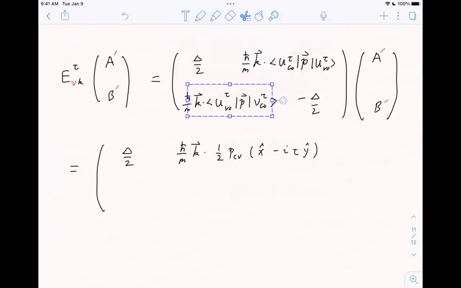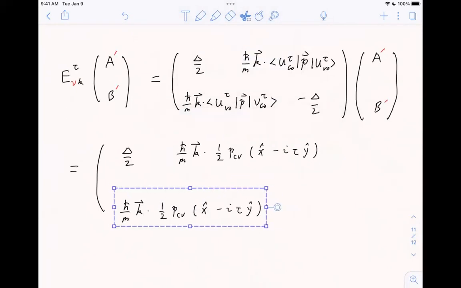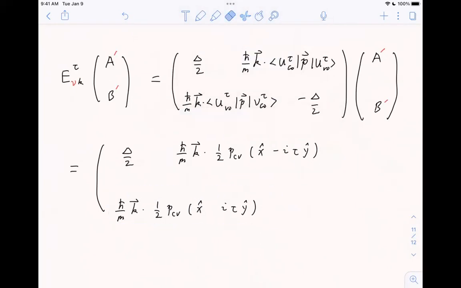This one is just the complex conjugate of this, because the Hamiltonian must be Hermitian. You just flip the bra and ket, so you get a complex conjugate, the same thing. And then here you must flip the sign.